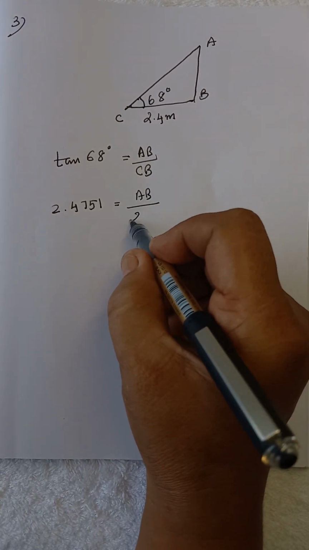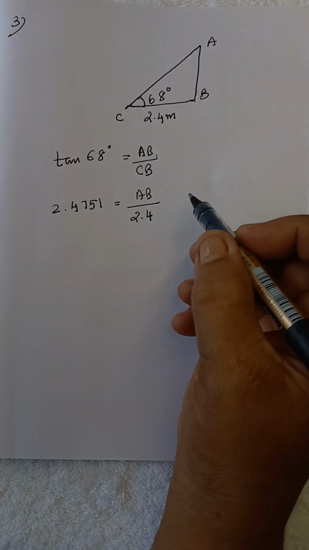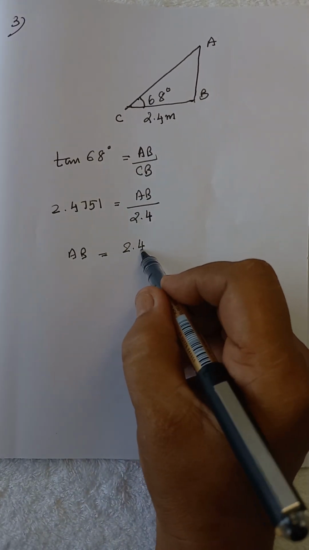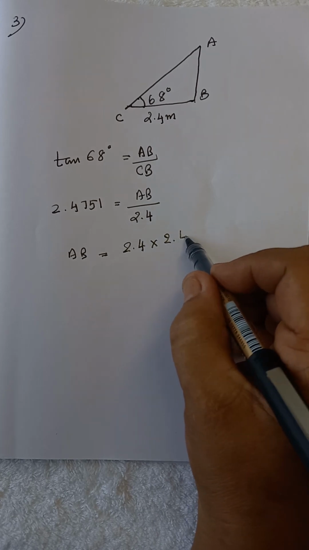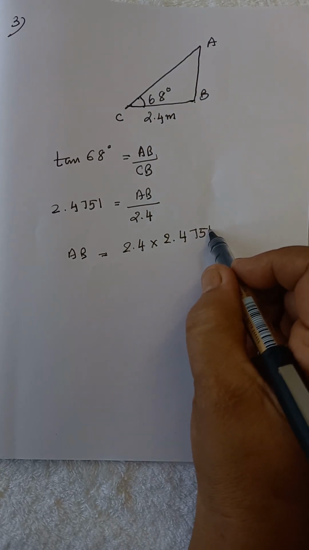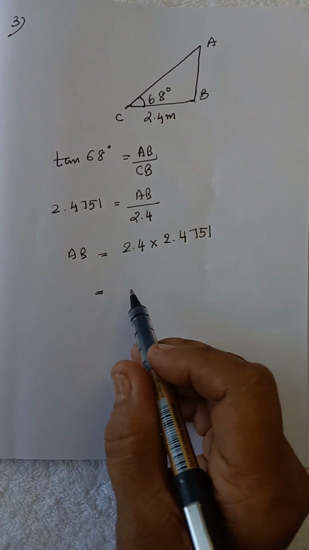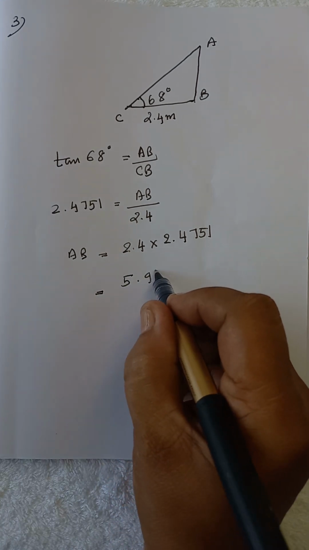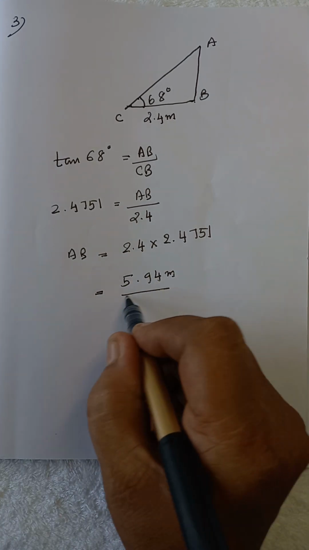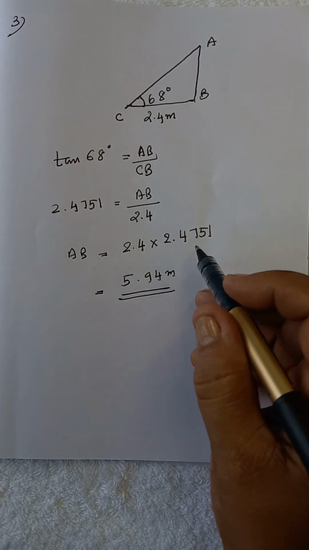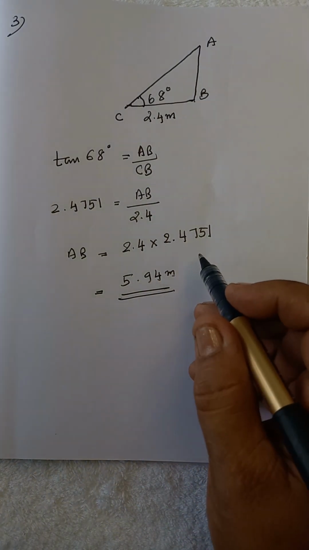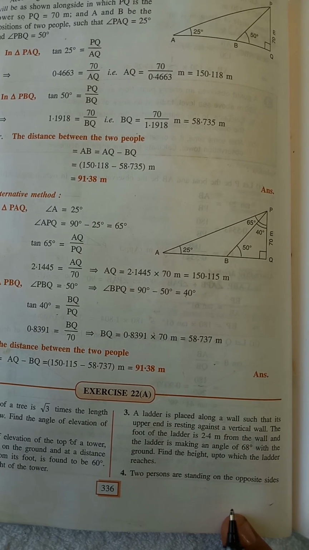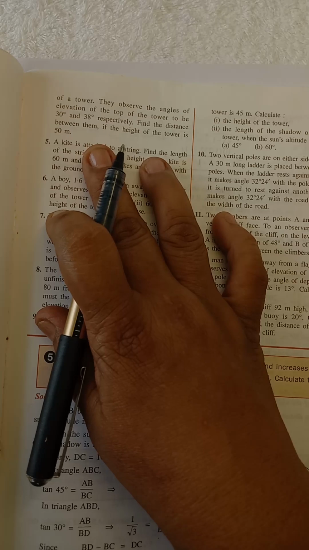We are given CB as 2.4. So what is AB? We will get 2.4 into 2.4751, that is equal to 5.94 meter. That is the height up to which the ladder rests. That is AB. Now the fourth question is, two persons are standing on the opposite sides of a tower.